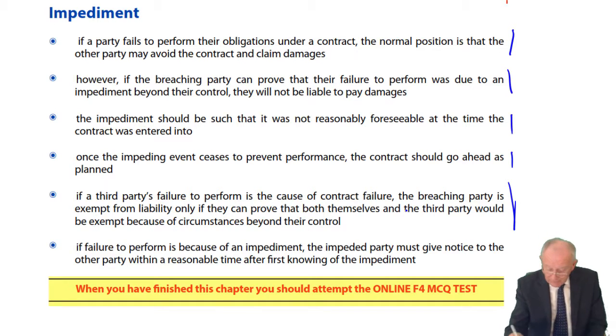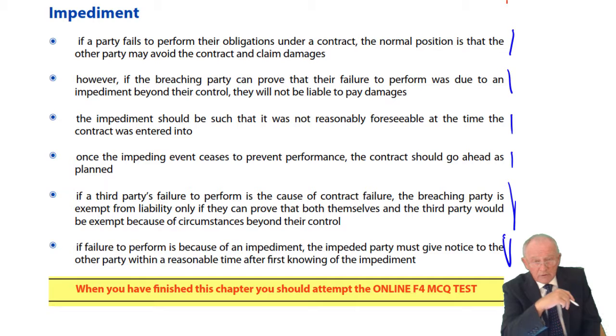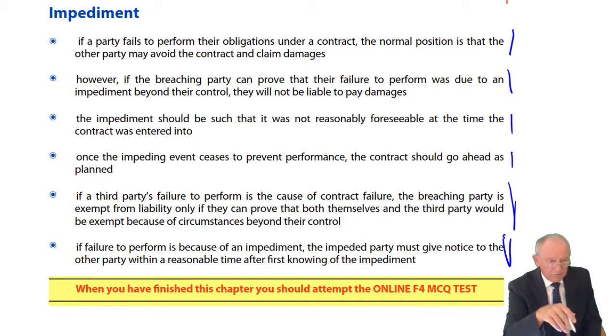And finally, if failure to perform is because of an impediment, the impeded party must give notice to the other party within a reasonable time after first finding out about the impediment. The carrier rings me and says, I can't get through, the road is down. Is there no alternative route? No, there isn't. Okay, I'll contact you.